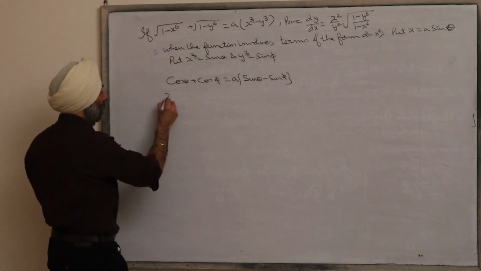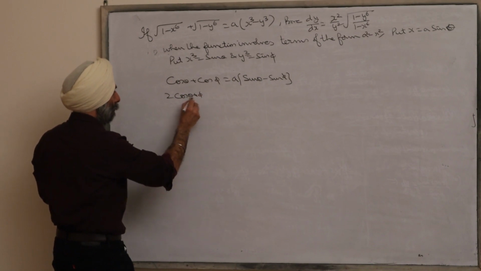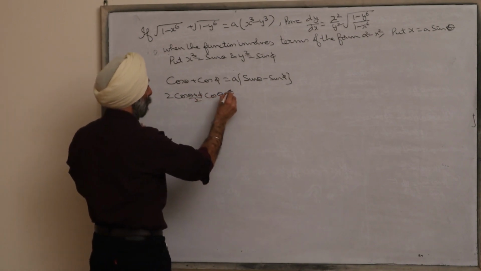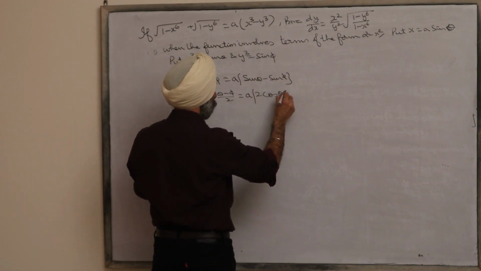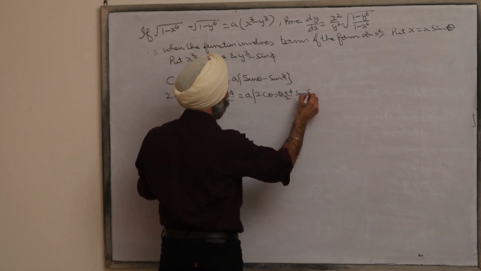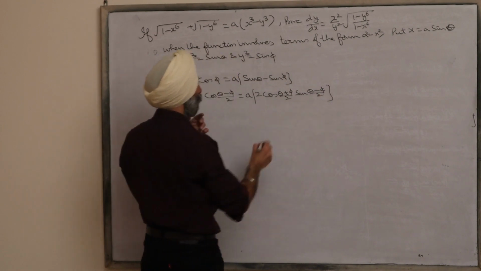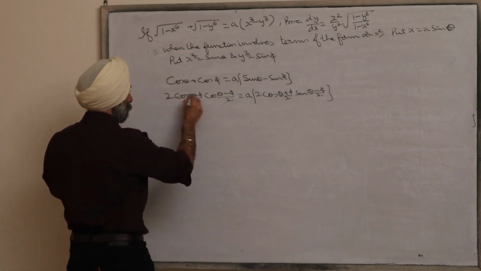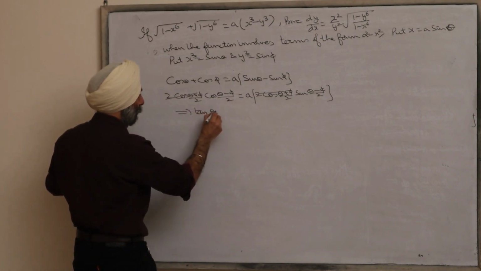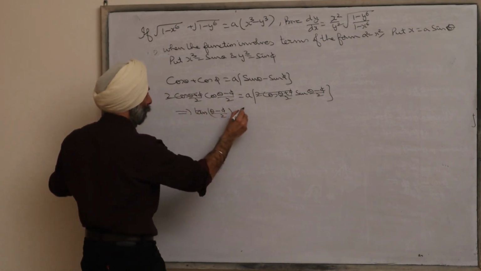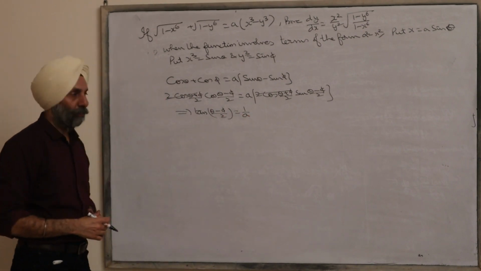Using the CD formula: 2 cos((C + D)/2) cos((C − D)/2) is equal to a into 2 cos((C + D)/2) sin((C − D)/2). So this term will cancel. So this implies tan((θ − φ)/2) is equal to, what is that, 1 over a.